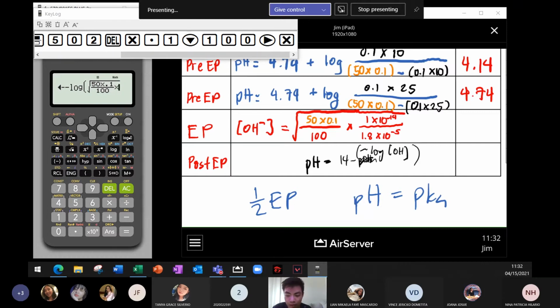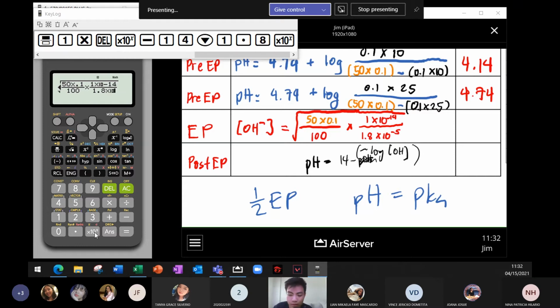Then, times the Kb. So, another fraction. 1 times 10 raised to negative 14 divided by 1.8 times 10 raised to negative 5. Exponential eh, so ito yung pipindutin mo. Okay? So, yun yung ginawa ko.